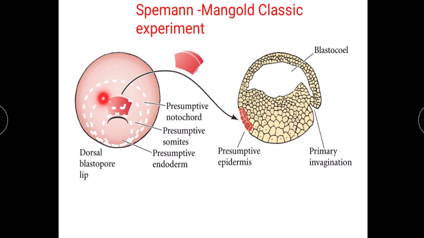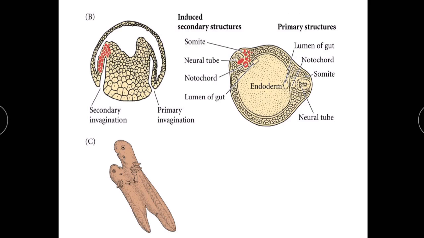They cut this area from one frog and transferred it to another gastrula. That gastrula has its own dorsal blastopore lip, and now it gets one extra dorsal blastopore lip. As per the earlier experiment, we would expect this to develop into another type of cells, but see what happened.